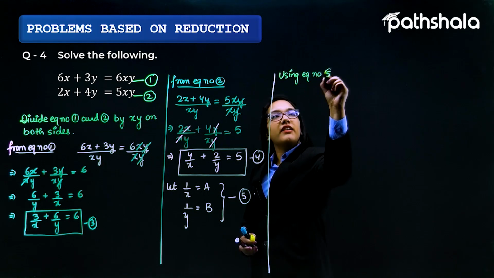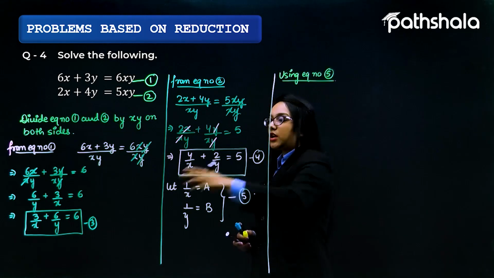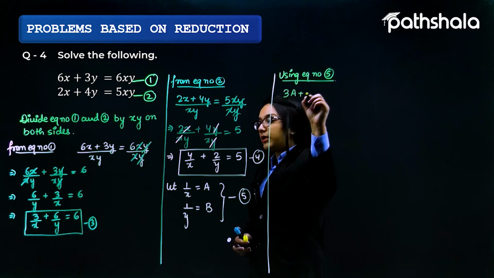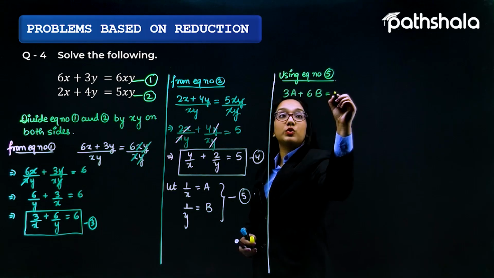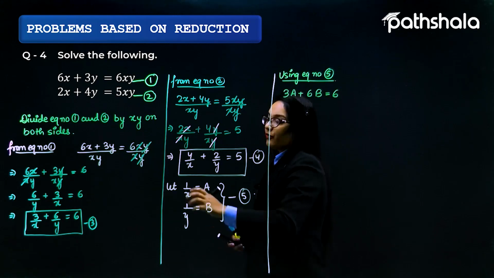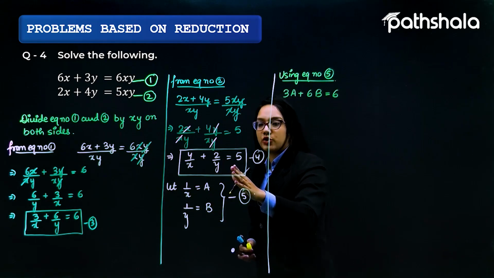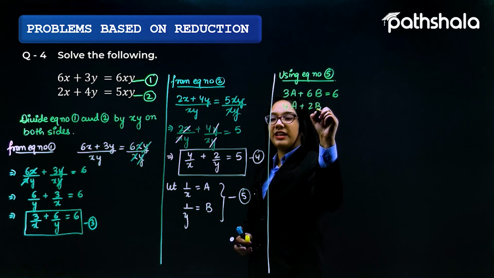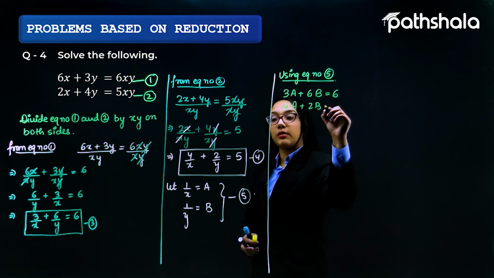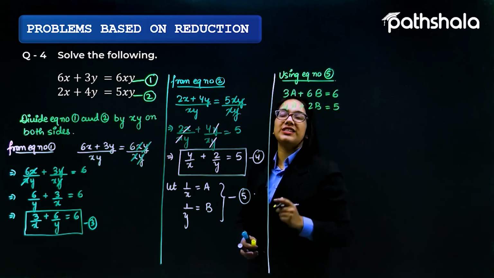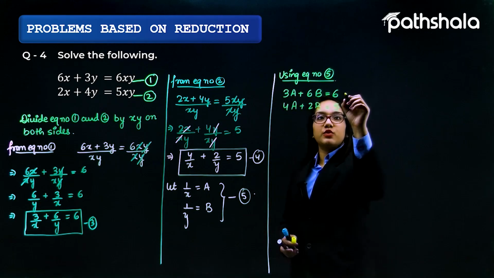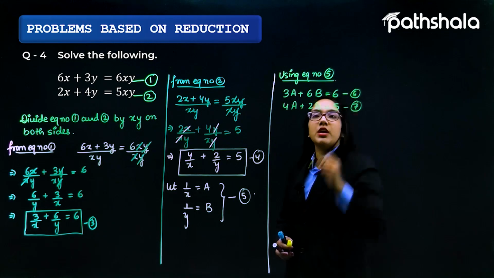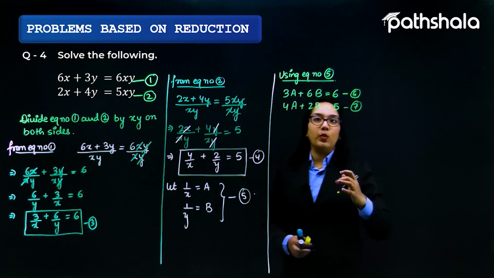From the equation number 3rd, we can write 3 capital A plus 6 capital B, which is equal to 6, and further we can write the equation number 4 as 4 capital A plus 2 capital B, which is equal to 5. So these are my two equations. Let us call this equation 6 and this equation 7. So let's just solve these two equations.